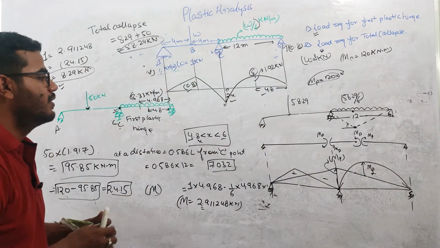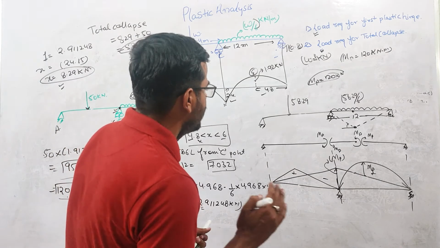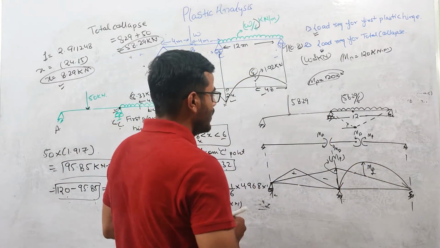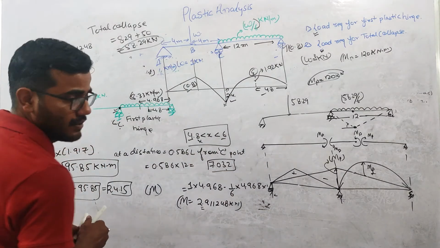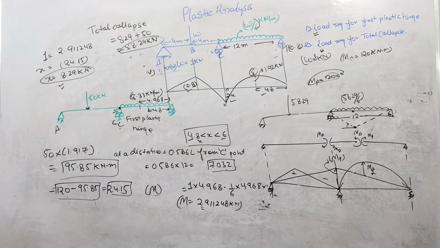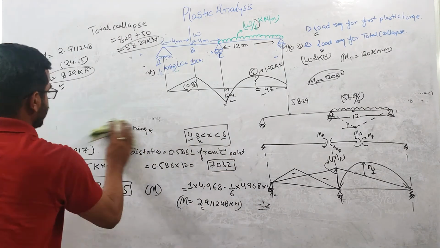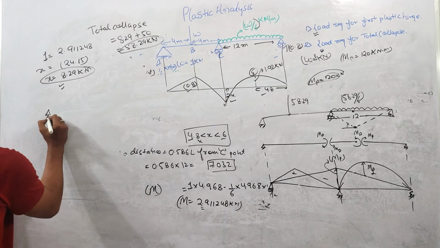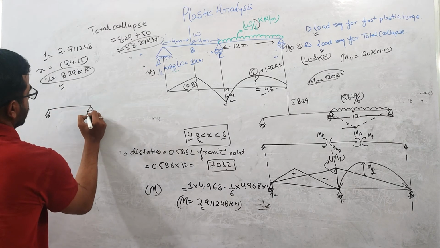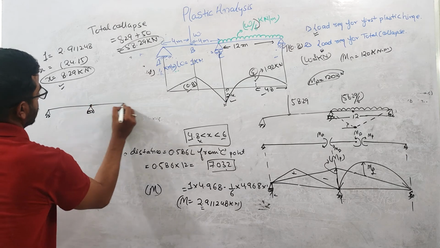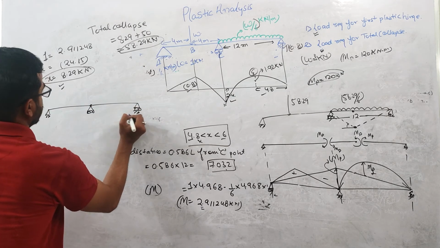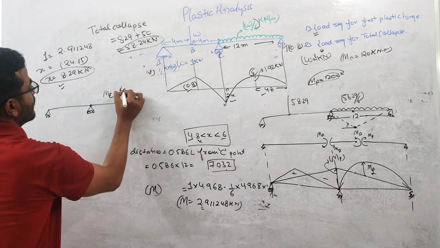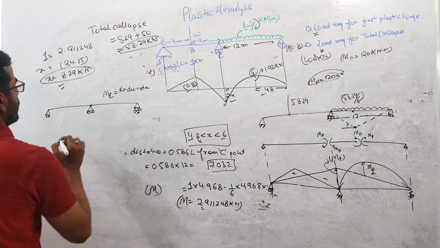So how do we draw this? Let us suppose you are releasing this moment MP value, you are taking MP as a redundant. When you take MP as a redundant, the beam is divided into two parts, and you are taking MC as a redundant.